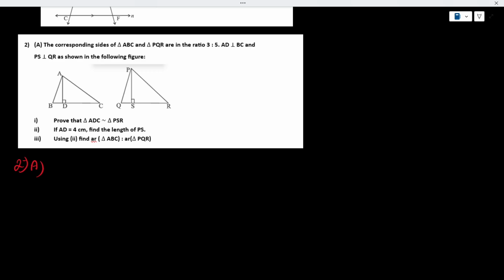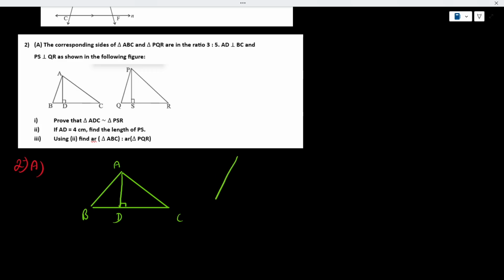So here, if I draw the two triangles, this is triangle ABC. In your answer sheet also, though the figure is given, it's recommended that you draw the rough figure, right? So this is my triangle ABC, where AD is perpendicular on BC, right?